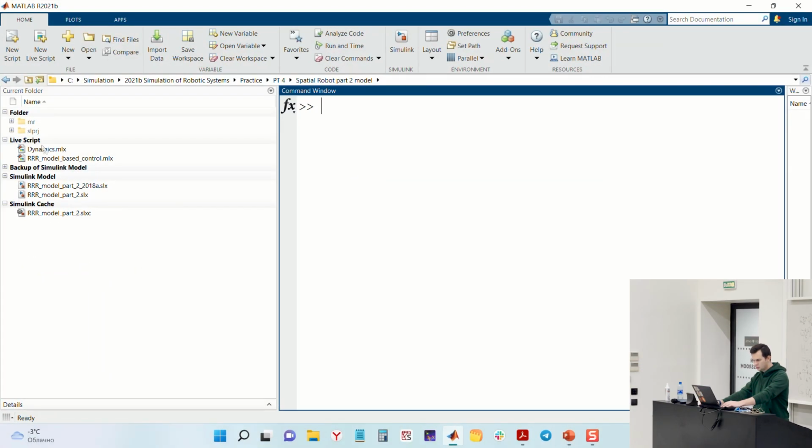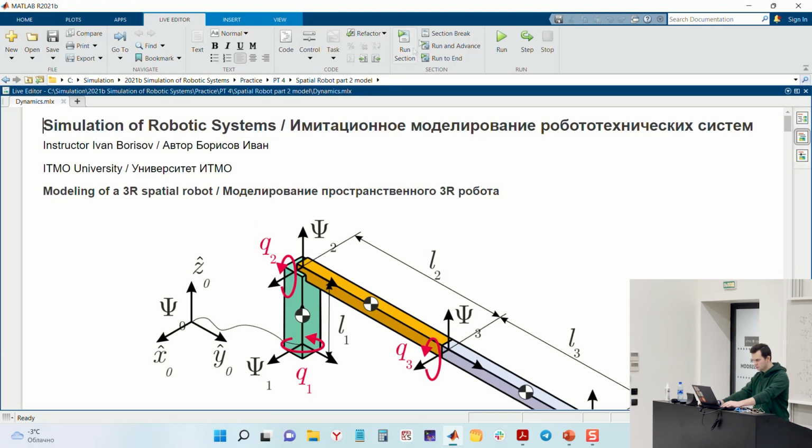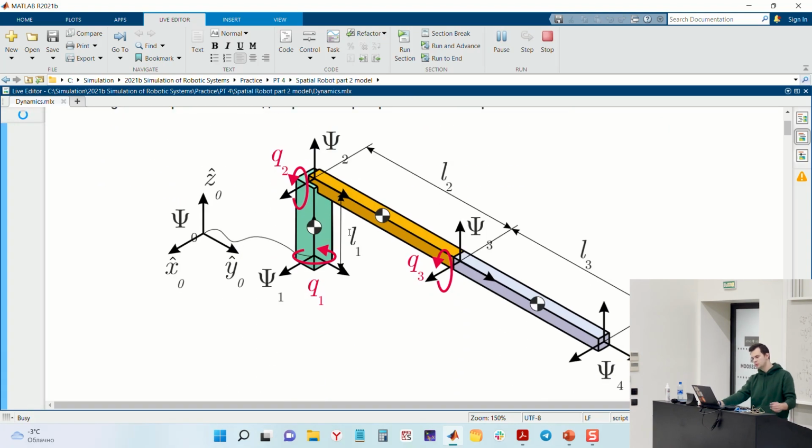Here you are already provided with this example, but let me just give you additional instructions. This robot is able to rotate around the z-axis for the first link, and the second and the third are able to rotate around the x-axis.